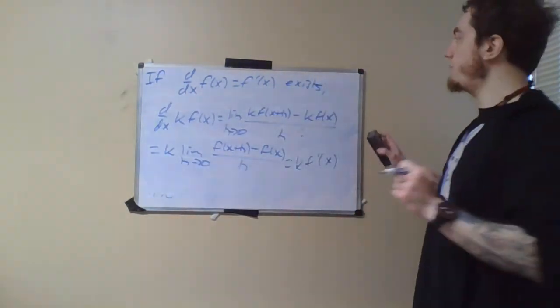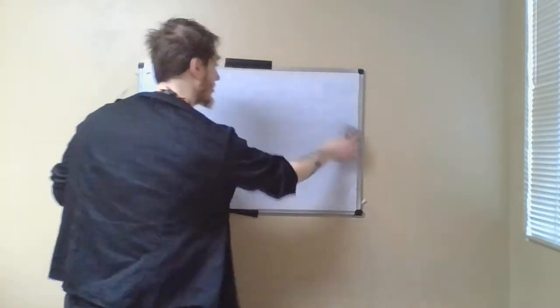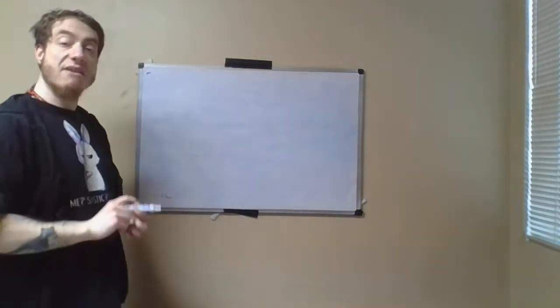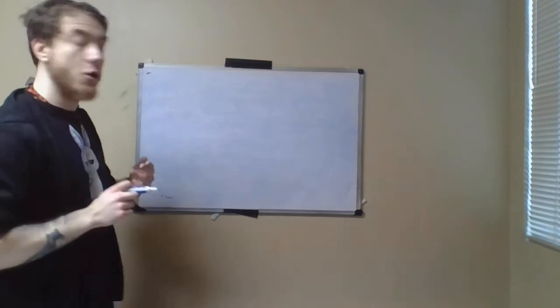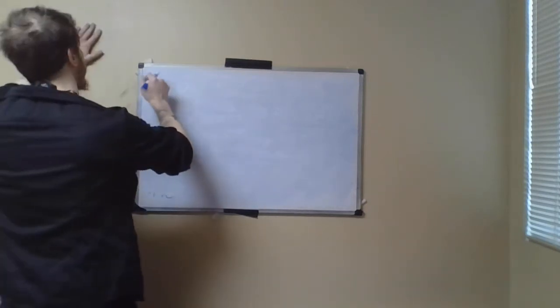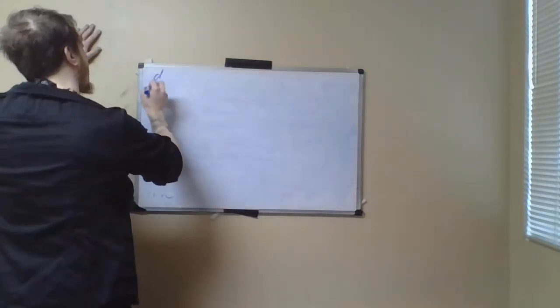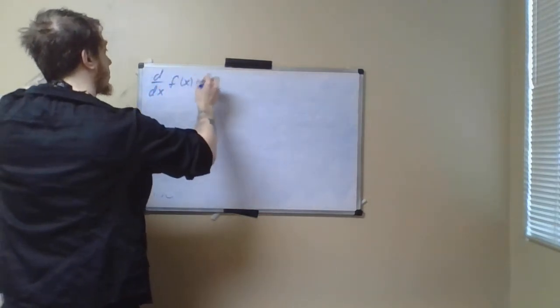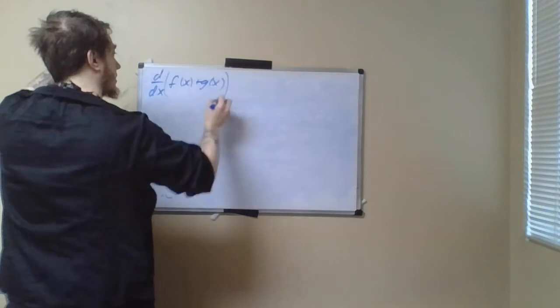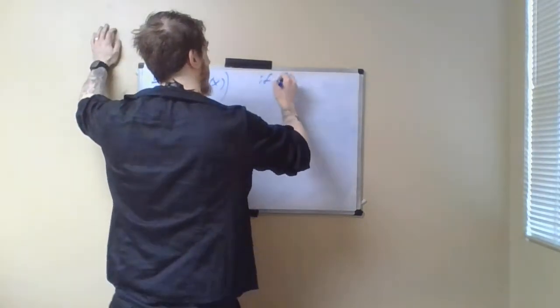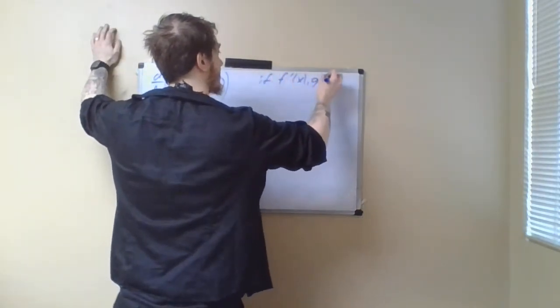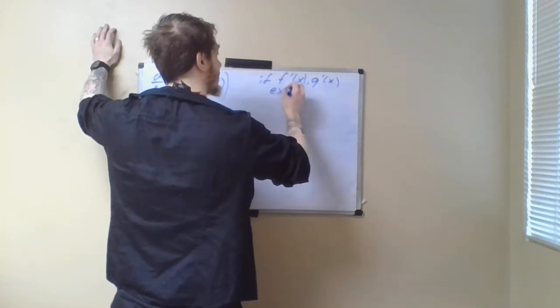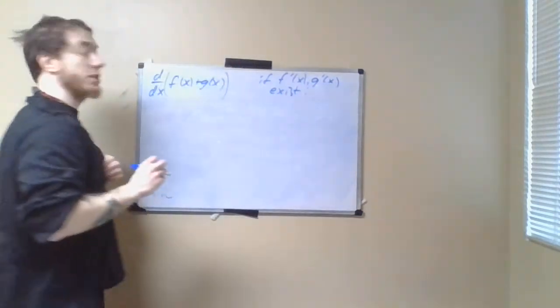There's a second rule for differentiation that is really important and which will finish off everything we need to differentiate polynomials, and that is the following. The derivative of f of x plus g of x, if f prime of x and g prime of x exist, what is this going to come out to be?